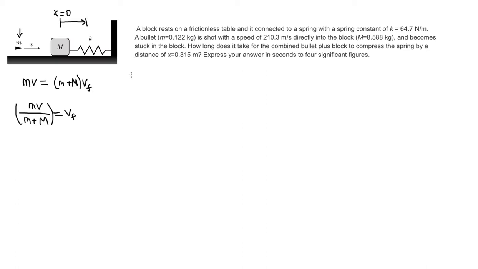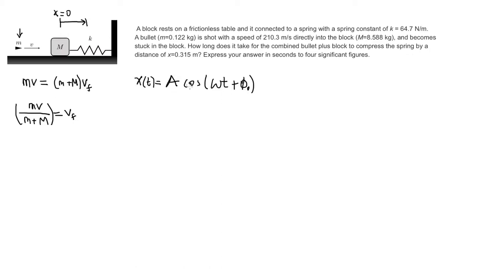And it's going to move in simple harmonic motion since it's attached. So we can say that x of t is equal to some amplitude, not yet known, A cosine of omega t plus phi naught. And if I knew A, omega, and phi naught, I could figure out t if I'm given x. Therefore, we've got to start picking these apart.